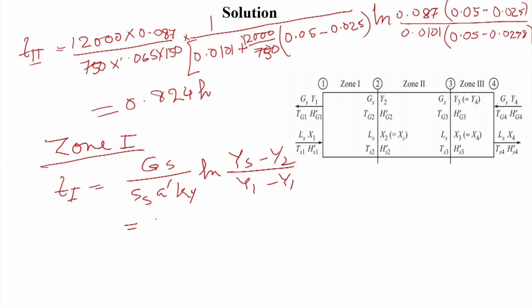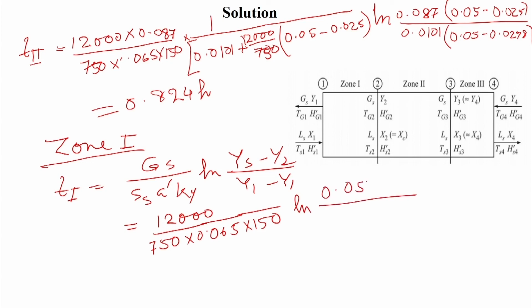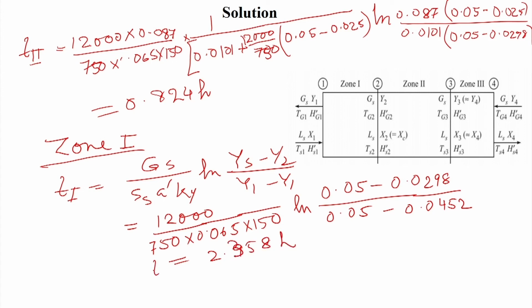So, here Gs is equal to 12,000, Ss is 750, A prime is 0.065, Ky is equal to 150, into ln of Ys, which is 0.05, minus 0.0298, divided by 0.05 minus 0.0452. So, it is coming out as 2.358 hour. So, this is T1.